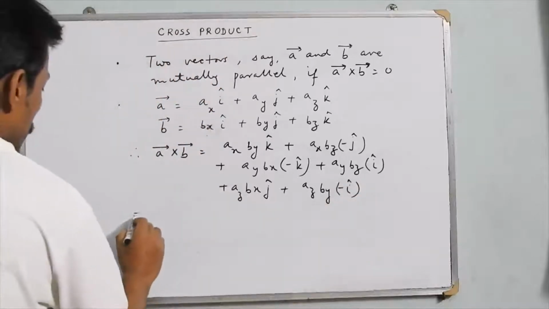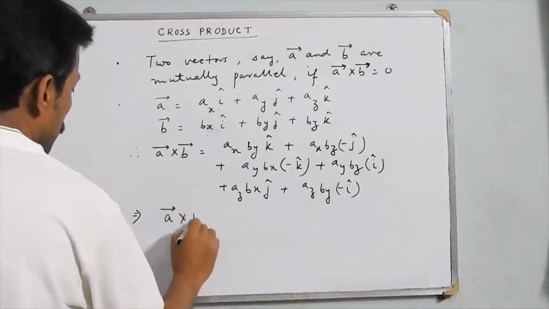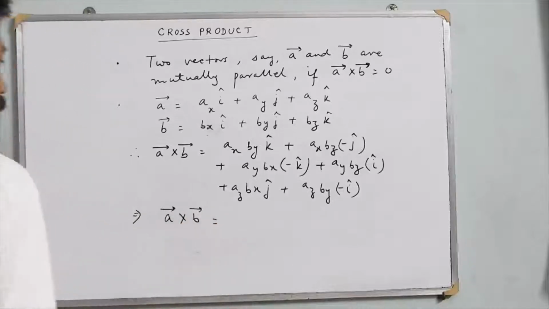So now you can write A cross B as coefficient of i hat.